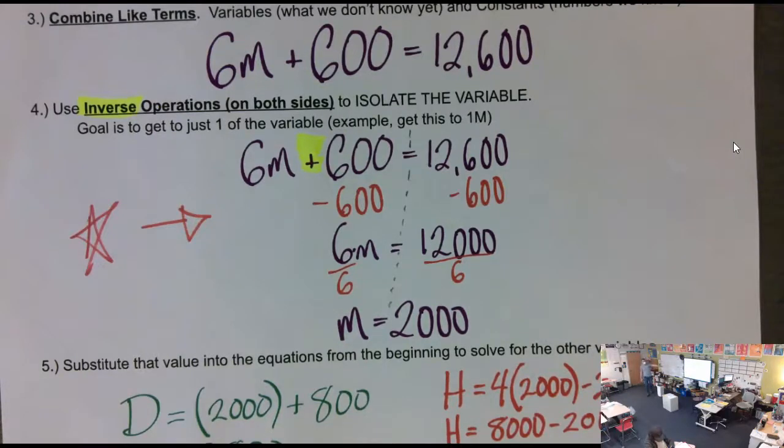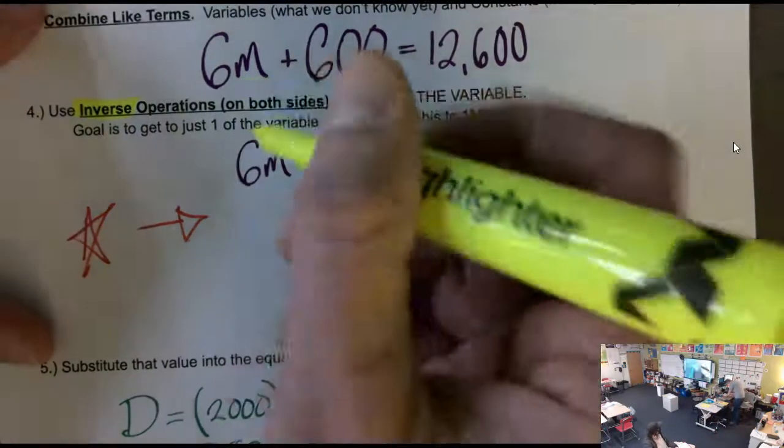So I subtract 600, so this turns into 0 and essentially disappears, but I have to do it over here as well. So you might want to highlight on both sides. I'm going to go back and highlight that. That's what people forget to do. They forget to do it on both sides.